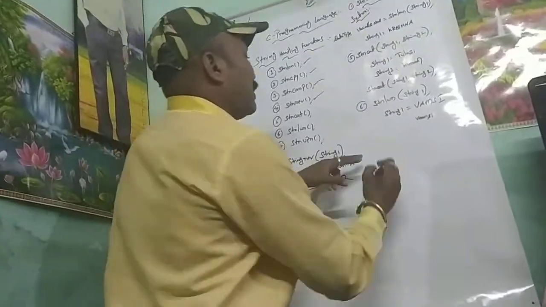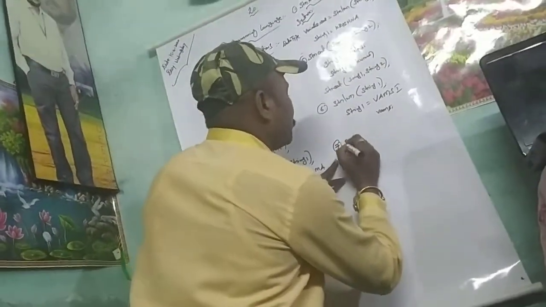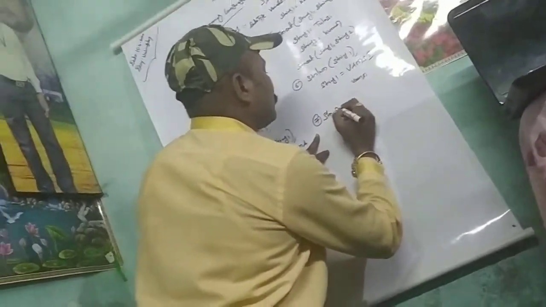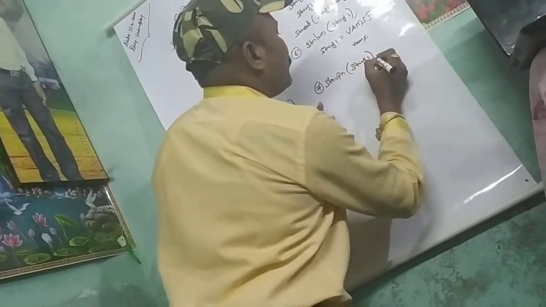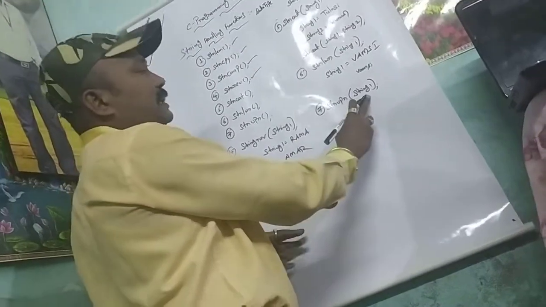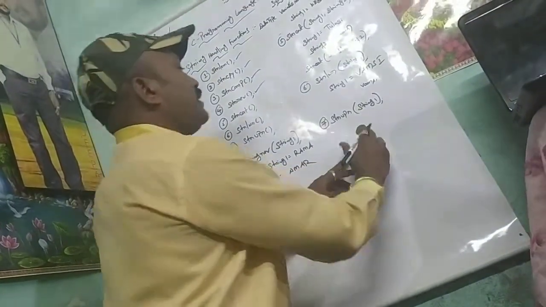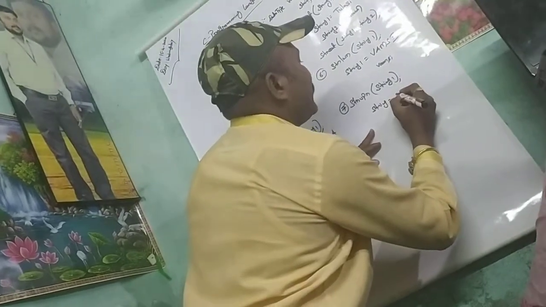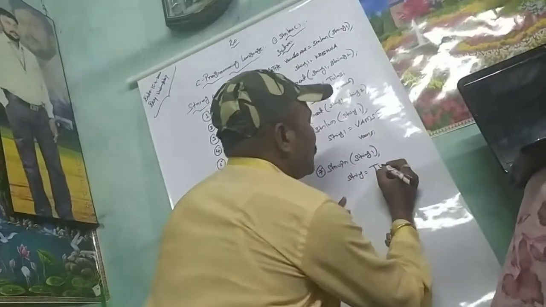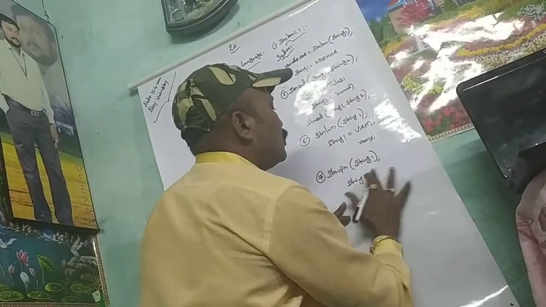Then next one, the last one, is string upper. What is the syntax? String upper, then string 1. Now string 1 is, for example, Tulasi, with all lowercase letters.